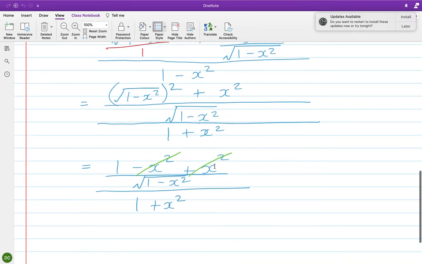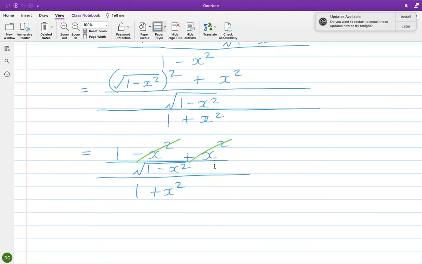That's helpful. I'm going to put this over 1 and flip it and multiply. So I have 1 over the square root of 1 minus x squared multiplied by 1 over 1 plus x squared. What am I trying for here? 1 over 1 minus x squared to the power of k. I'm so close.